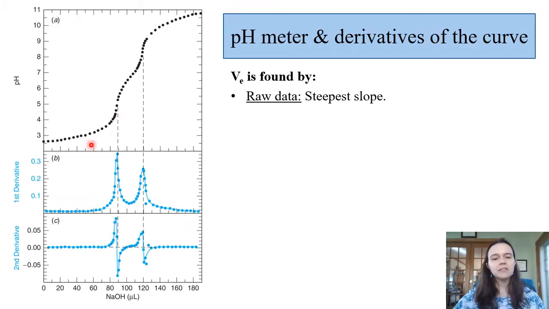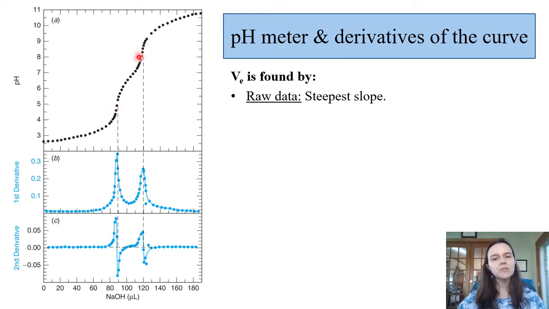When you have a plot of pH versus volume of base or acid added, in this case it's base, you're going to find the equivalence point using the raw data here as those two locations for this diprotic situation here, where you have the steepest slope.